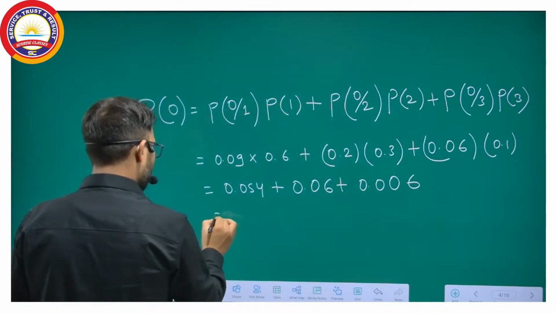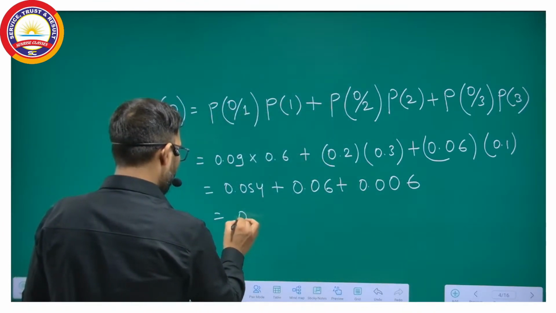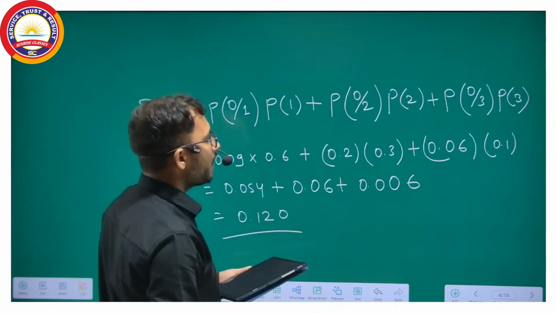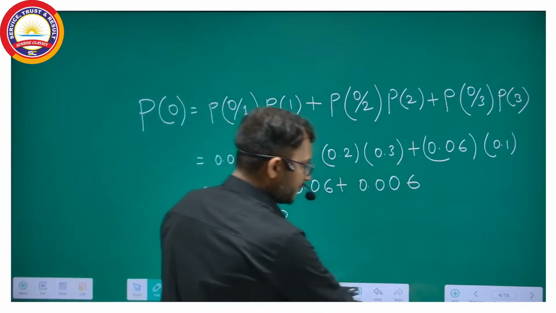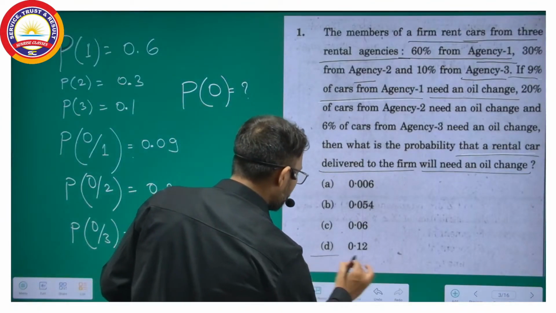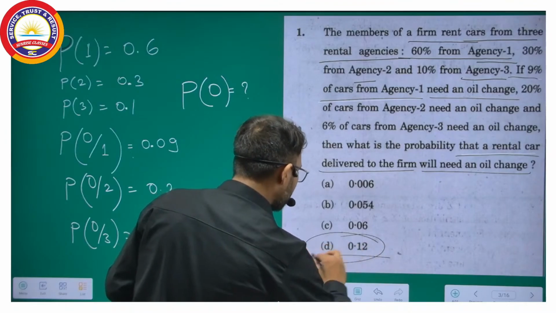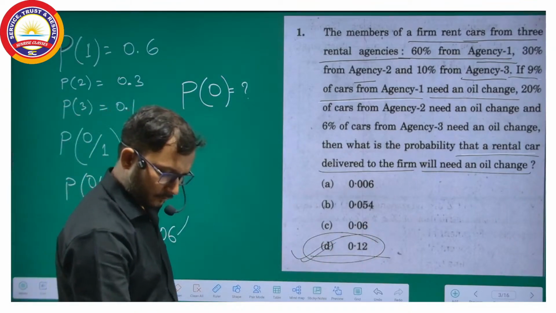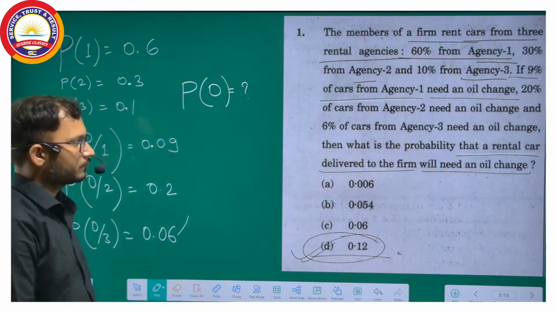If you sum it, it will be 0.120, and so the answer will be D. Let me check here. What's the answer? 0.12. This will be your answer, D. Getting my point? So yes, this will be your answer.